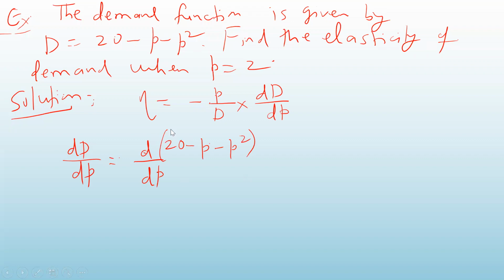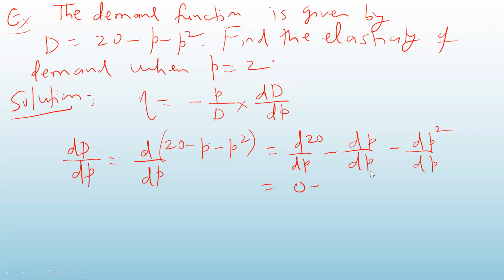So first of all, find its derivative, which will be equal to derivative of 20 minus derivative of P minus derivative of P square. Derivative of 20, because 20 is a constant, will be 0. Derivative of P with respect to P is 1.